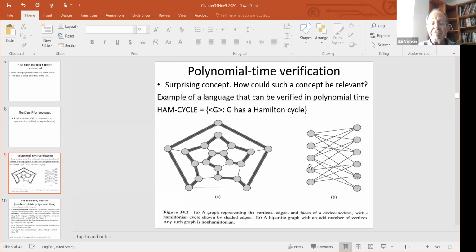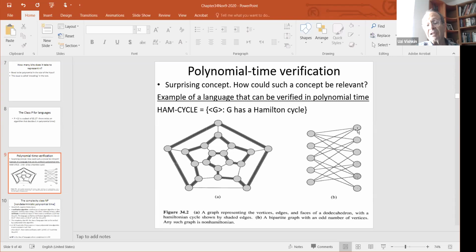So let me briefly explain it. It's a bipartite graph, like boys and girls, if you will. And here you have the edges if a boy and girl like one another, for example, or something like that. Now what we would like is to have a Hamilton cycle. And the reason that we cannot have a Hamilton cycle here is because we have so many more vertices on this side than on this side.